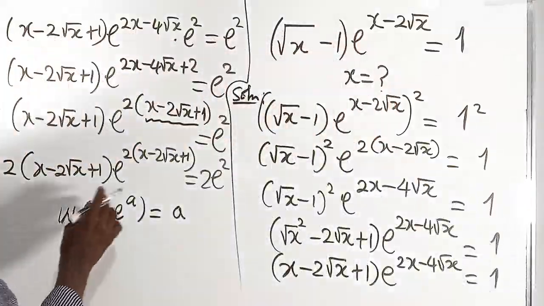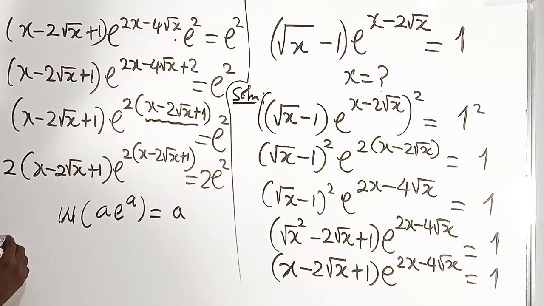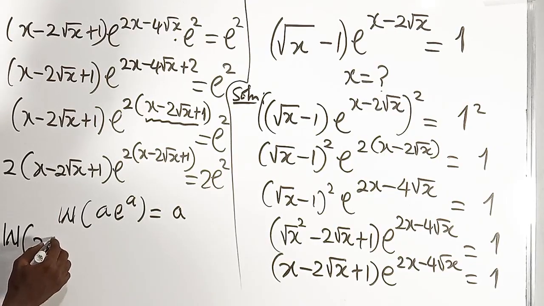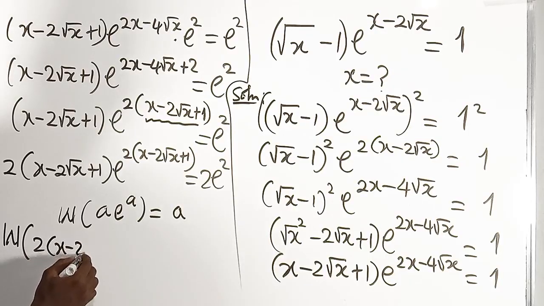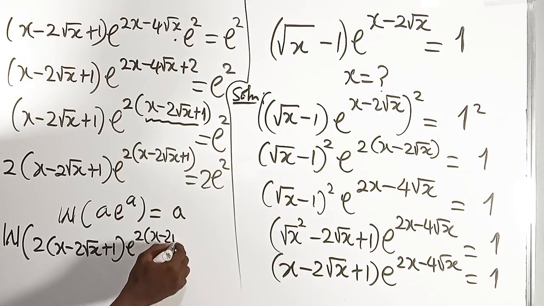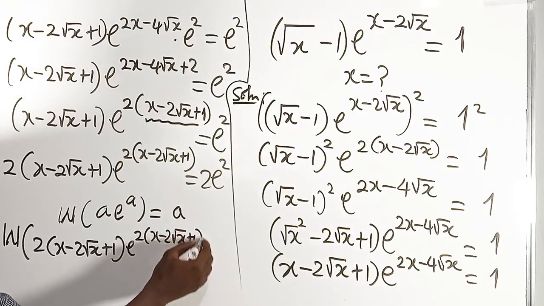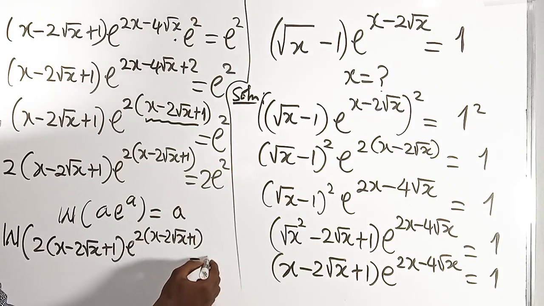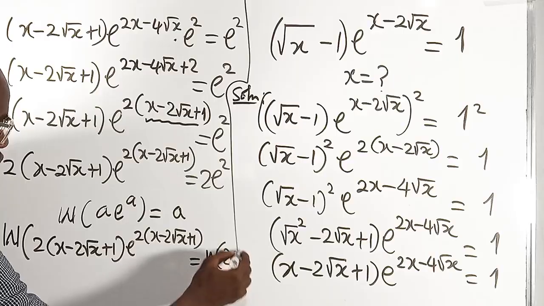So if you look at this one now, if you put W here, W of 2x minus 2 root x plus 1, then e to the power of 2x minus 2 root x plus 1 equals W of 2e to the power of 2.